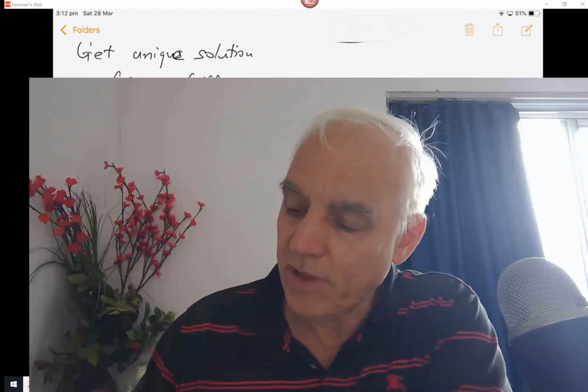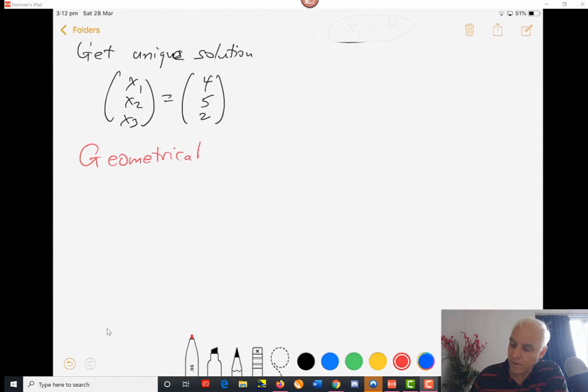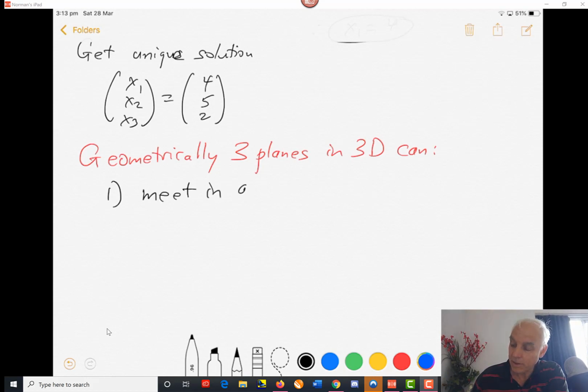So I'll summarize that by saying that geometrically, 3 planes in 3D can, okay, there's various possibilities. First of all, they can meet in a single point, as in the example.